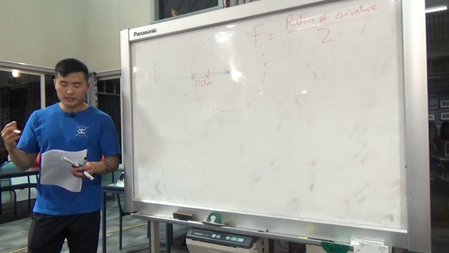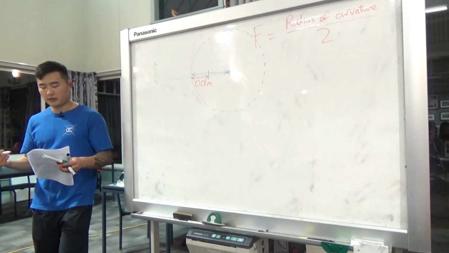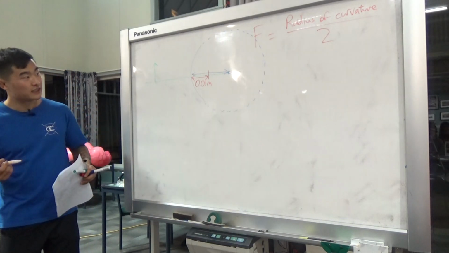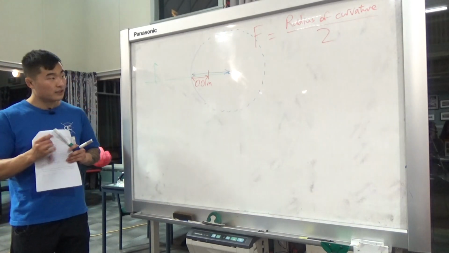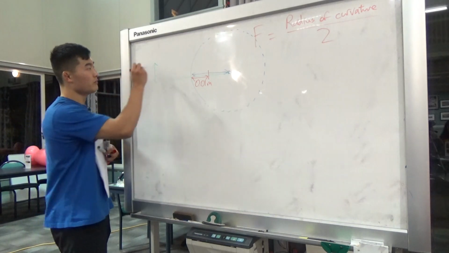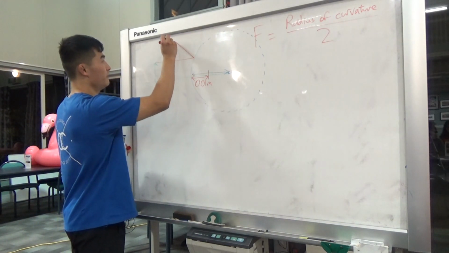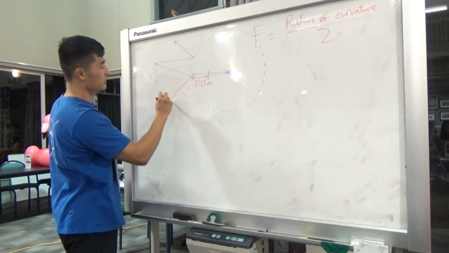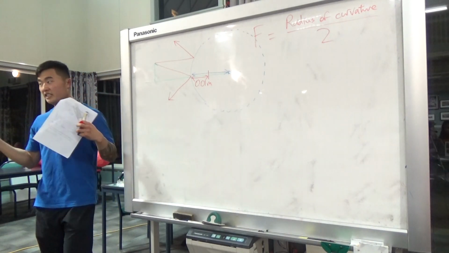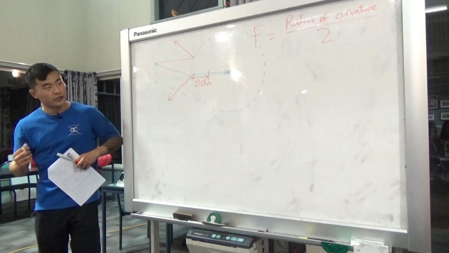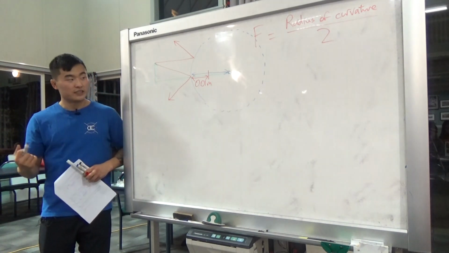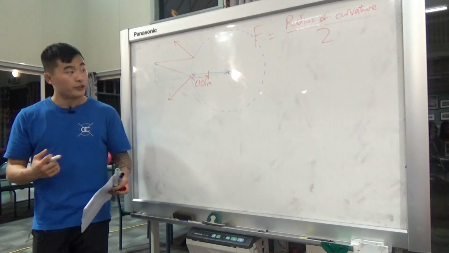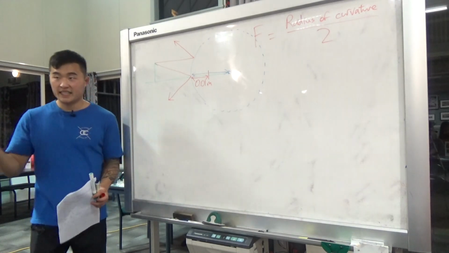But then you have to think about whether this convex mirror is going to be converging or diverging. If it's a convex mirror, light's going to come in and bounce off like this. So these light rays are diverging from each other. So this is going to be a diverging mirror, and if it's a diverging mirror, your focal length is going to be negative.